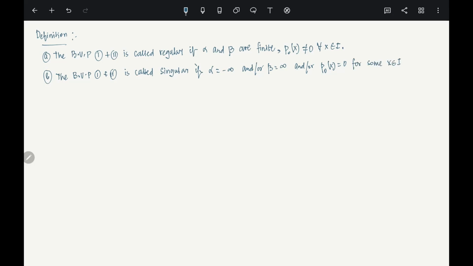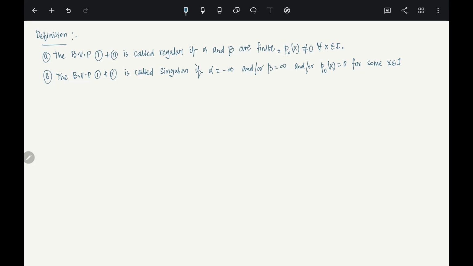Yeah. So then we call this problem a singular problem. If p naught of x is 0 at some point, there is some issue with that second order equation. We'll call those types of equations singular problems.